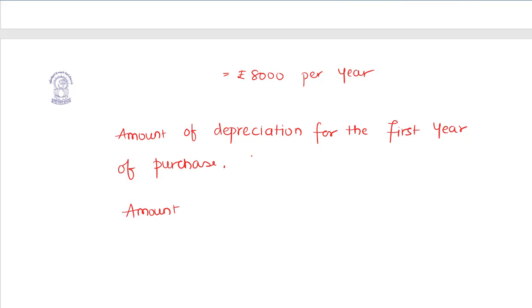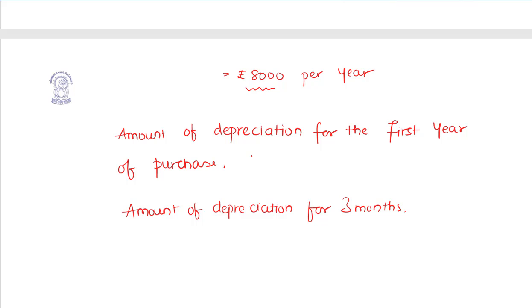Just write over here: amount of depreciation for 3 months. It needs to be calculated for 3 months.